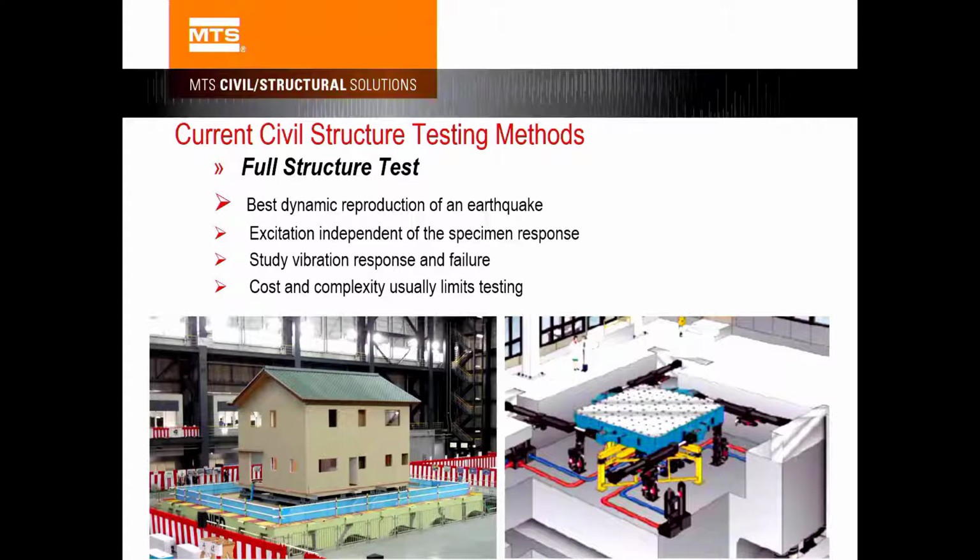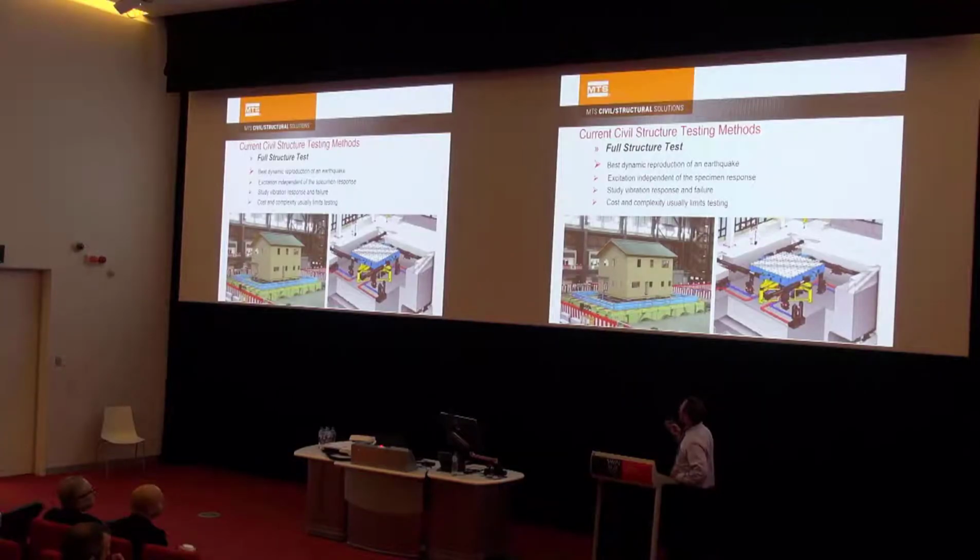It uses a lot of electricity, and so the shaker table test, ideally it is very accurate, but it costs a lot of money. So another thing is, no matter how big the tables are, they are not big enough.